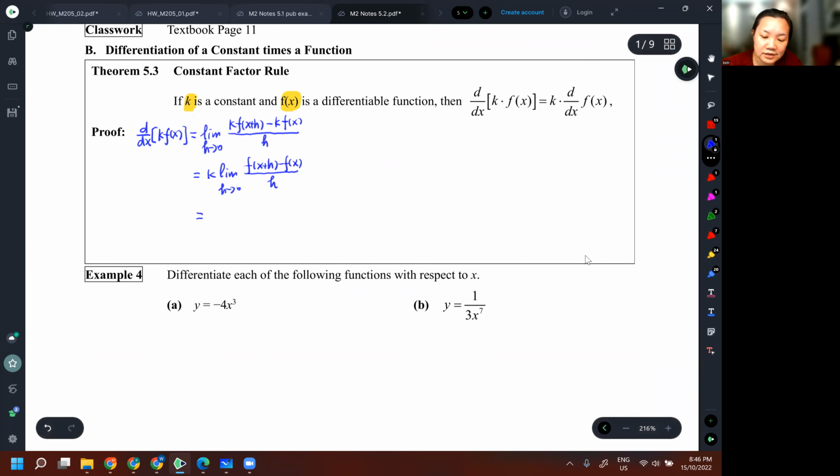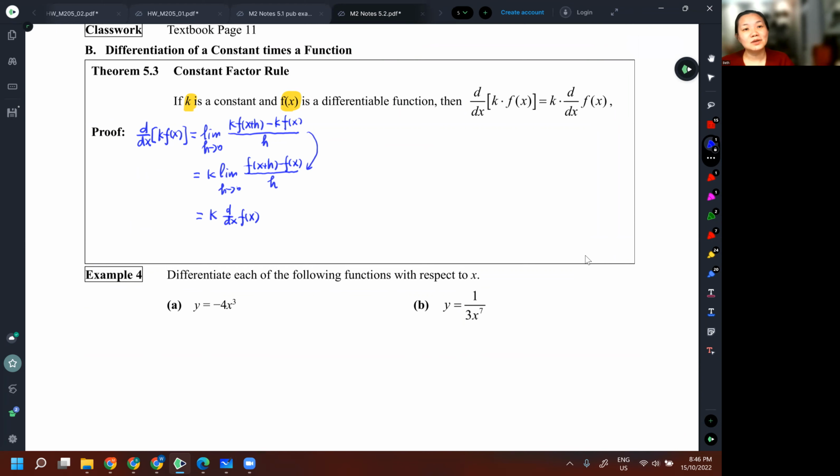And that is equal to k d/dx of f. Here when I take out k, I'm using the property of limit. It is precisely because of the property of limit that you can take out k, a constant. So we can very conveniently take out k when doing differentiation.